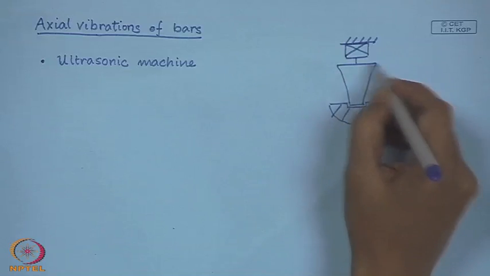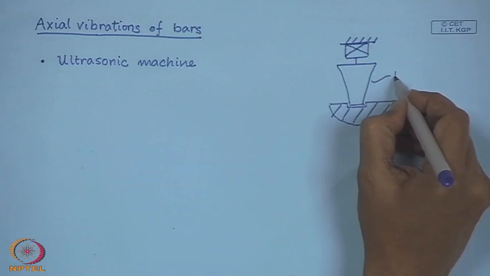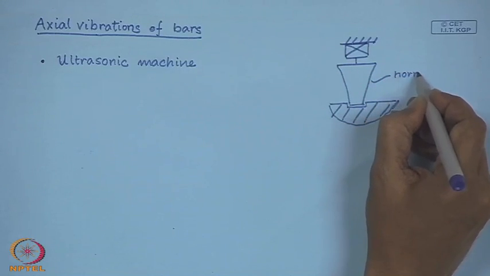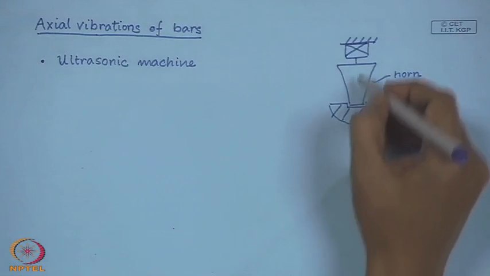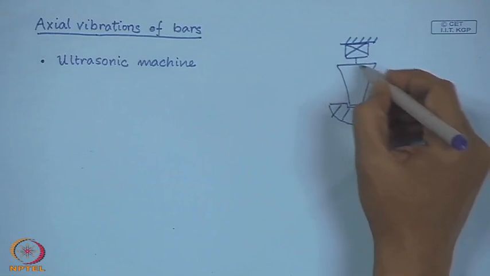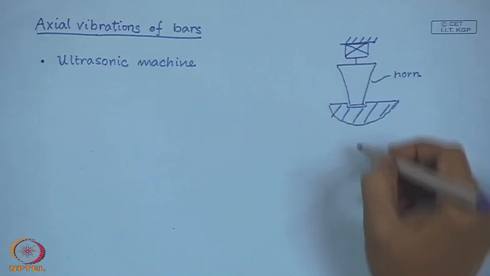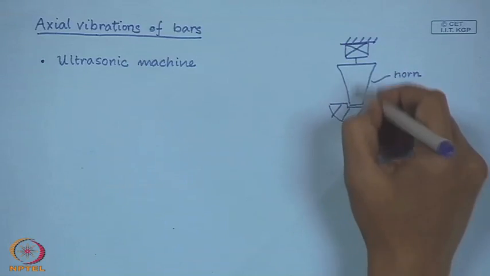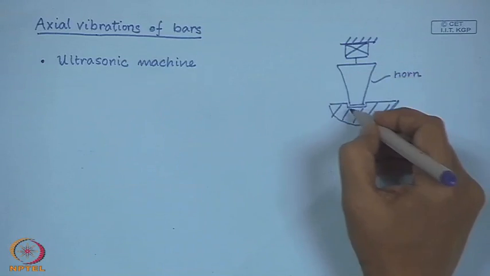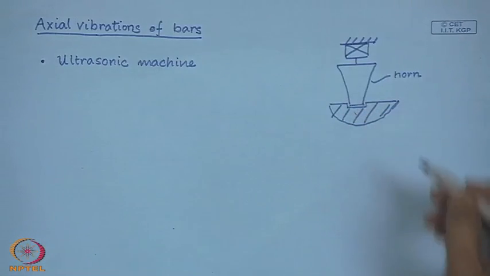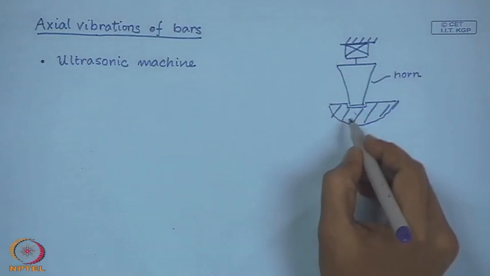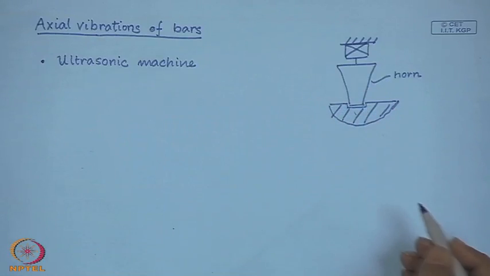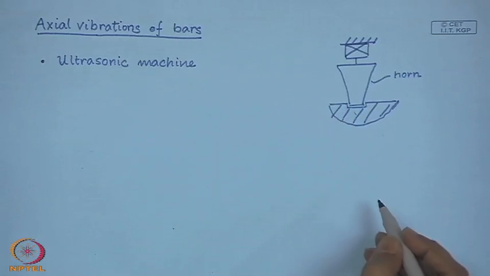So, this bar is called a horn of the ultrasonic machine, and this is an ultrasonic generator which passes ultrasonic waves in this bar, and because of this shape you have large amplitude motions at this workpiece. So, such a machine is used for machining brittle materials, for example.